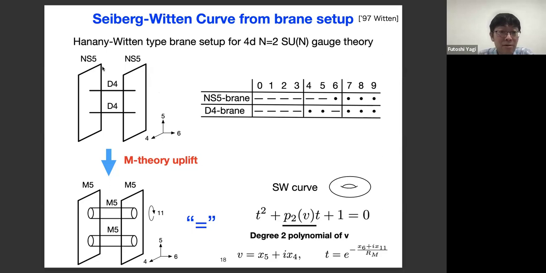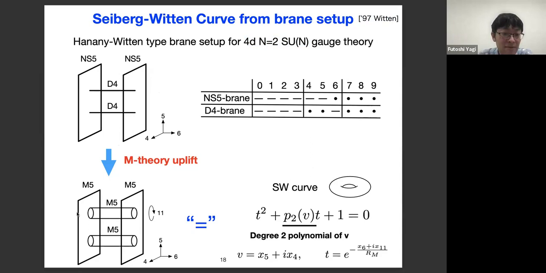So as I said, for example, in the simple case, like N=2 SU(N) gauge theory, for example, created by D4 brane suspended between two NS5. Then if we uplift to M theory, D4 and NS5 both become M5.